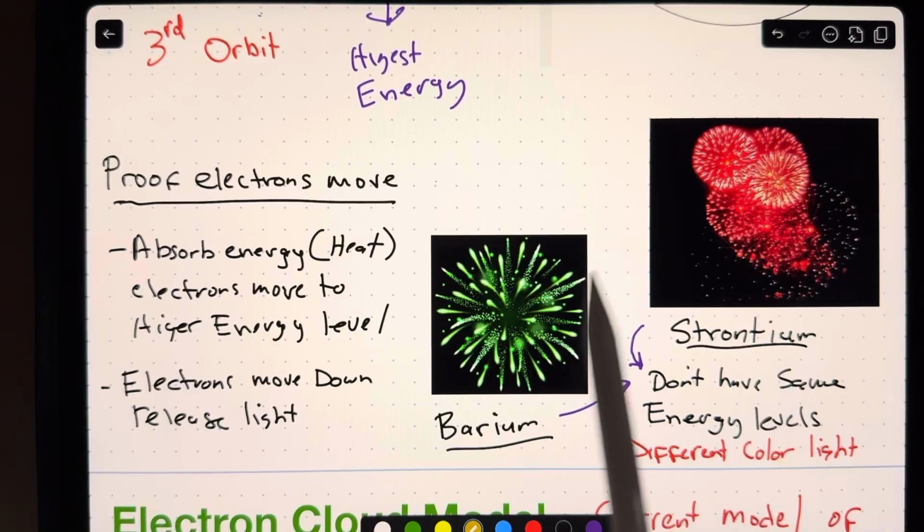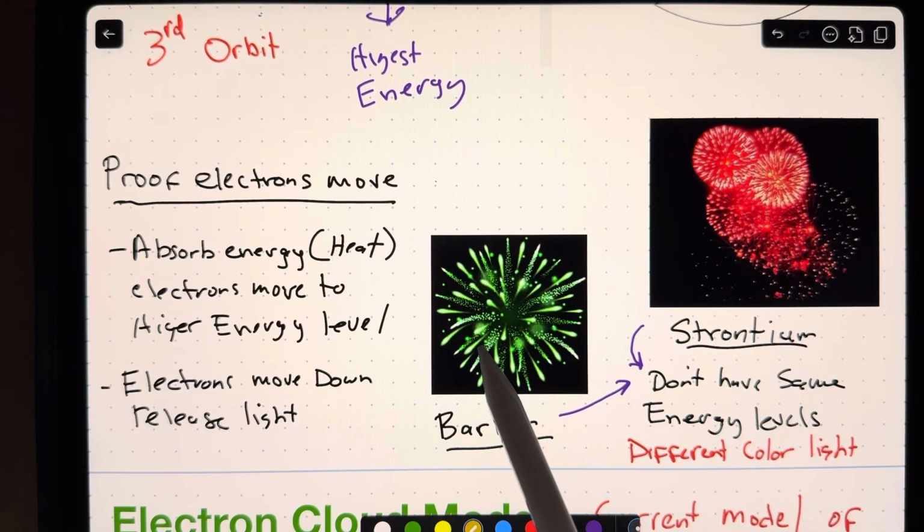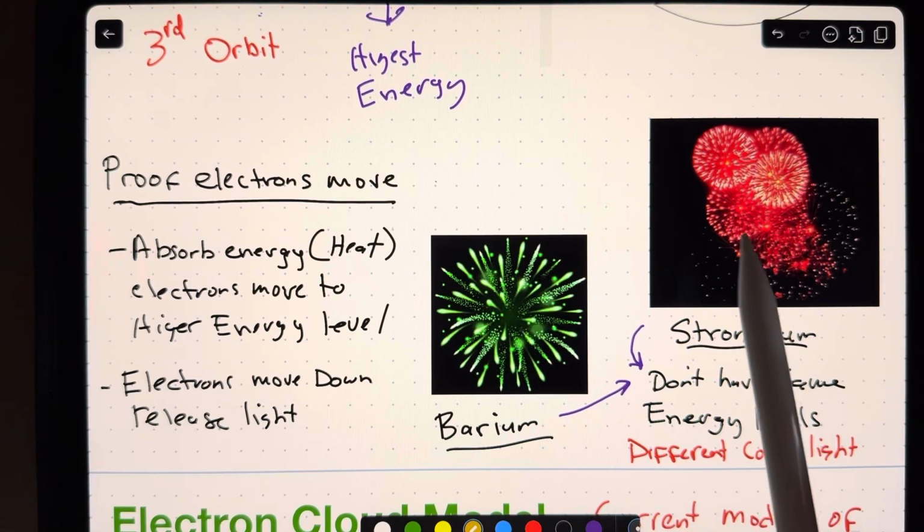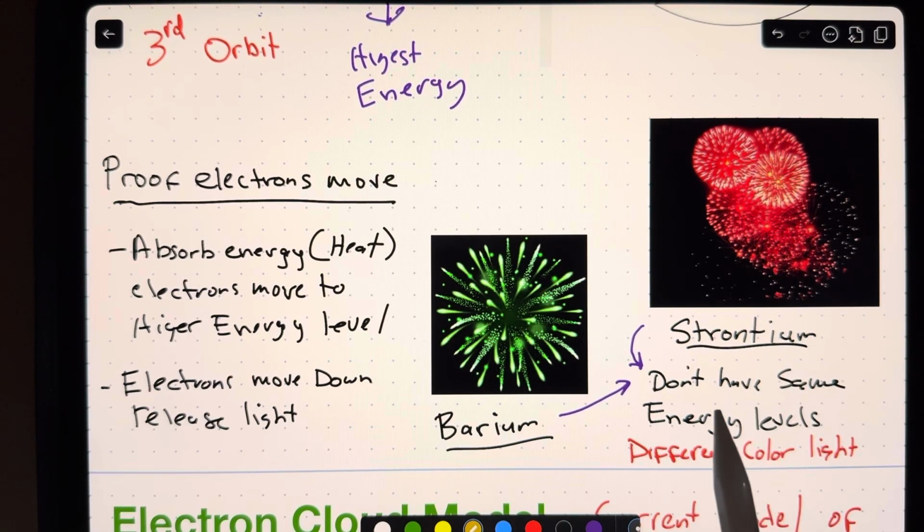So if you've ever watched July 4th celebrations, the different colors are from different elements that are kind of dictated by how much energy they transfer, I guess would be a good way.